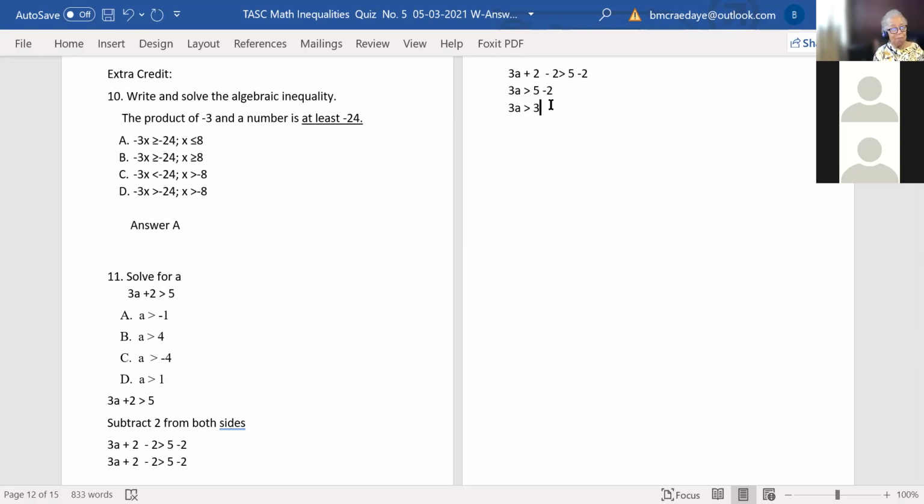How do I solve for A? What operation? How do I solve for A, the variable?